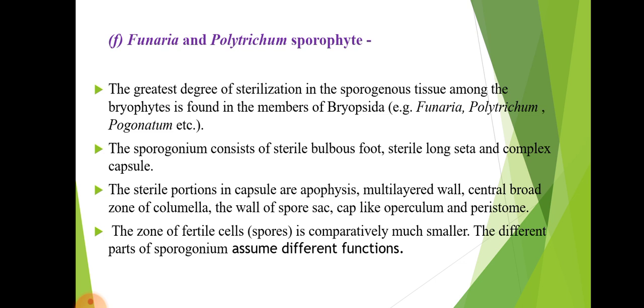The sterile portions in the capsule are the apophysis, multi-layered wall, central broad zone of columella, the wall of the spore sac, cap-like operculum, and peristome. The zone of fertile cells is comparatively much smaller.